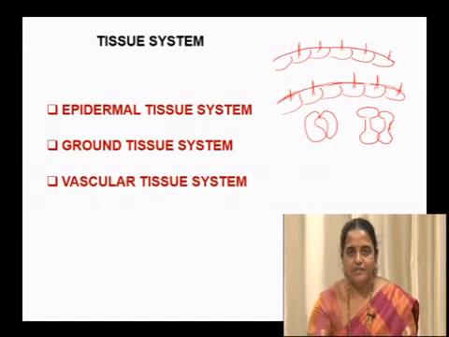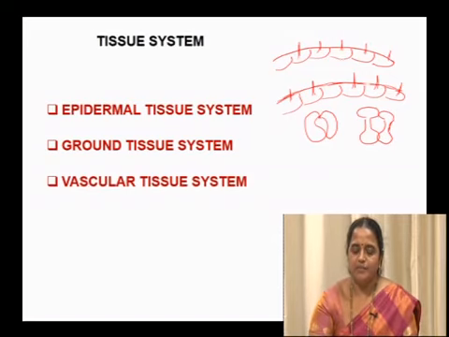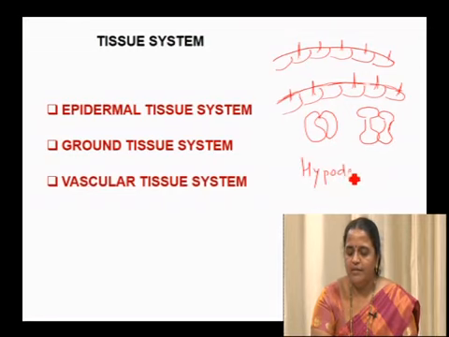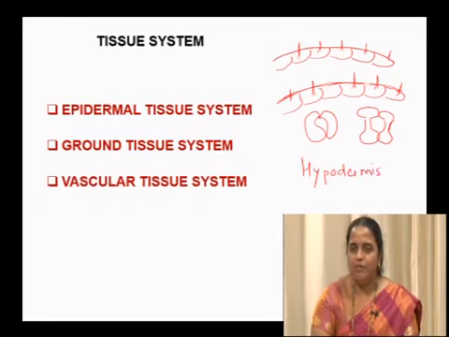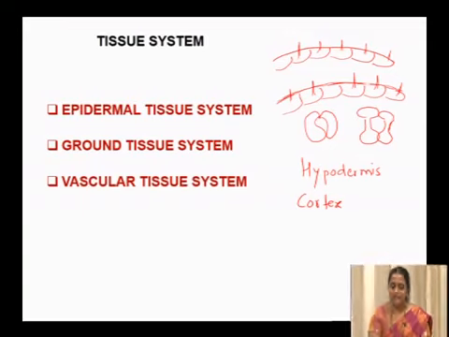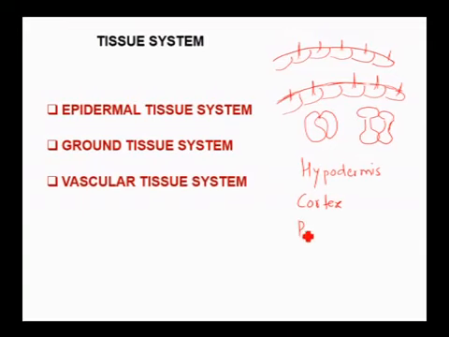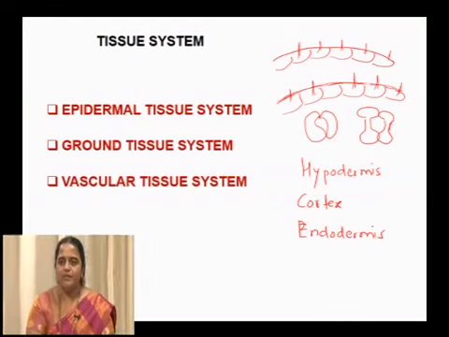Below this, there is a ground tissue system. Ground tissue has a mechanical layer, the hypodermis. It has a multi-layered parenchymatous cortex. It has a single parenchymatous layer known as endodermis.